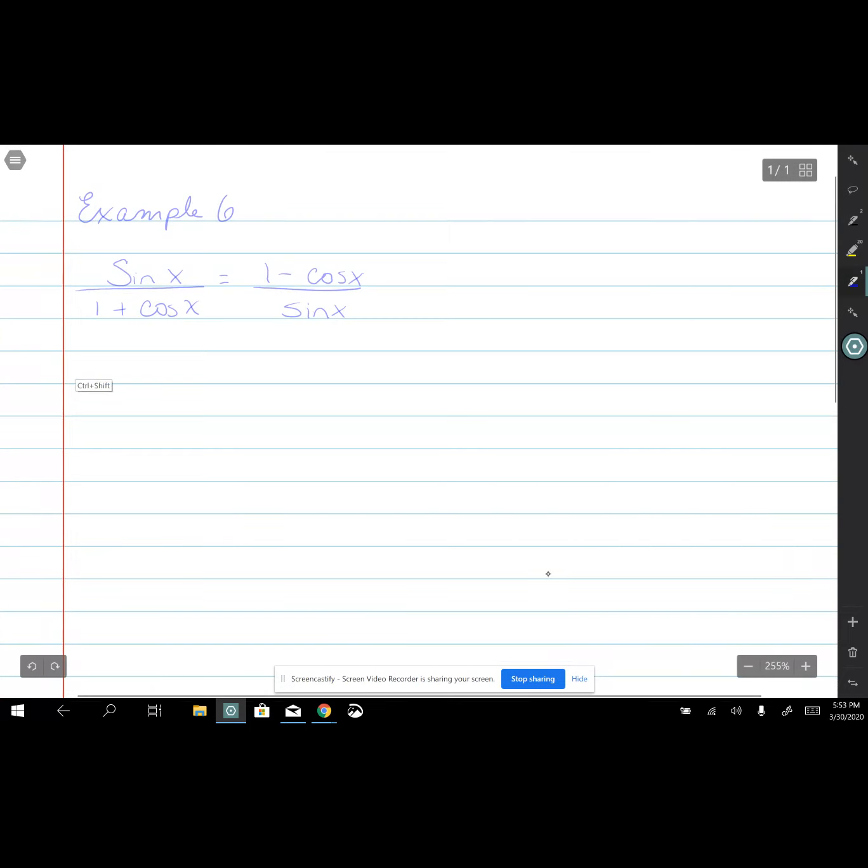And so what I'm going to do is I'm just going to go ahead and rewrite this. So sine of x over 1 plus cosine of x. Now, if you take a look at this, you will notice, I don't know what else to do. So kind of look over here on the right-hand side. This is a big indicator of what we should probably try to get to.